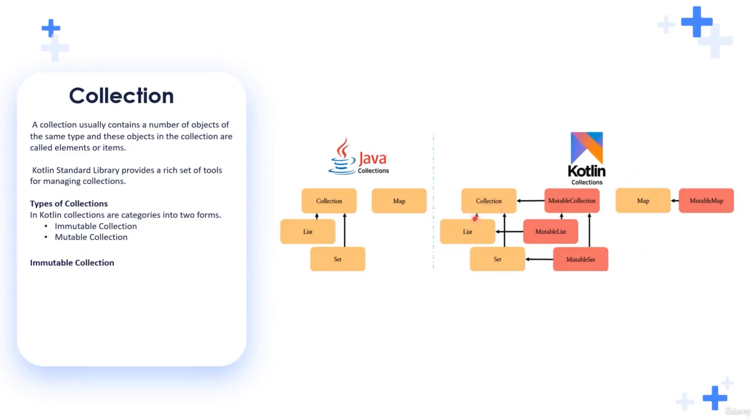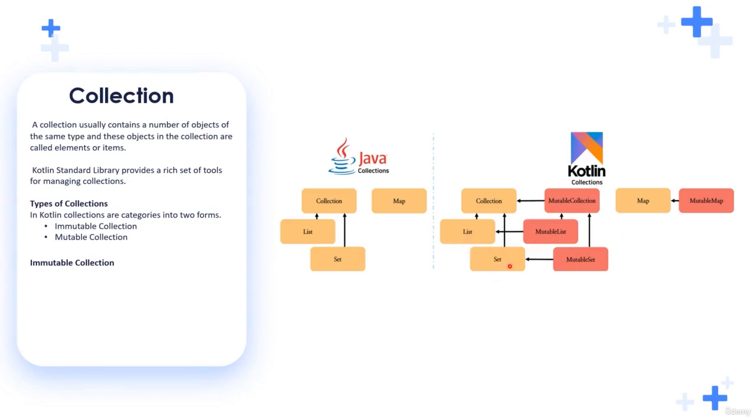The collection framework contains list and set. And we have a mutable collection framework for the mutable list and the mutable set. So the collection has list and set, while the mutable collection contains mutable list and mutable set. Okay, this is the hierarchy of the collections.